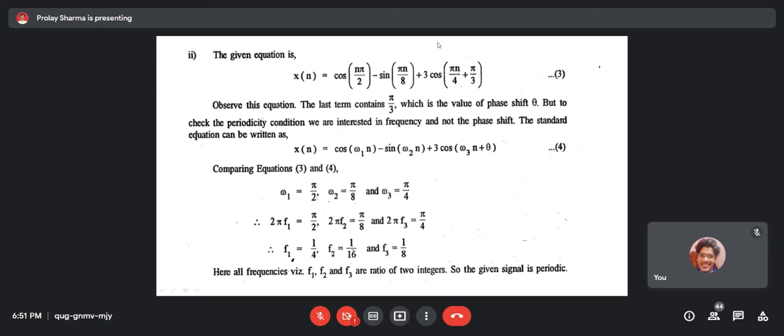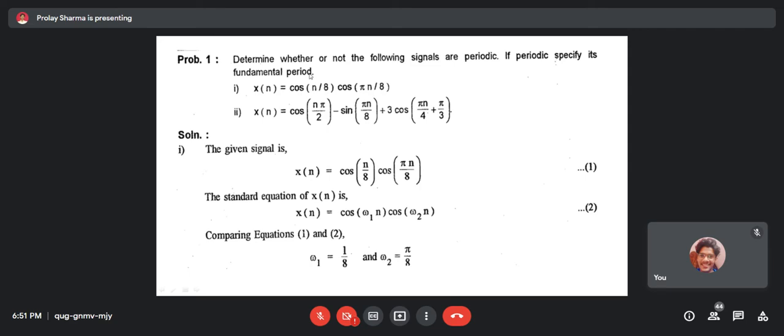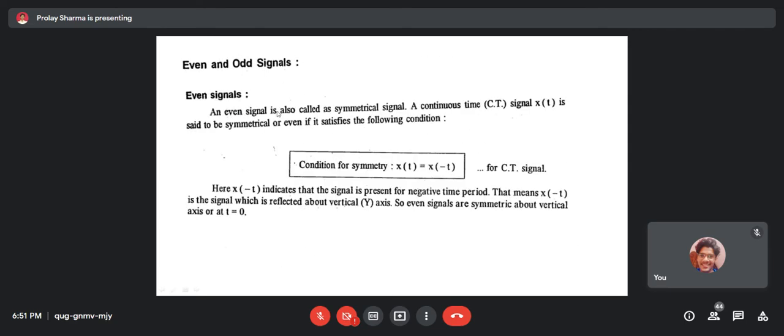As a result, if we do addition and subtraction of those signals, the resultant signal will be periodic. So in our examples, the first signal is non-periodic and the second signal is periodic.